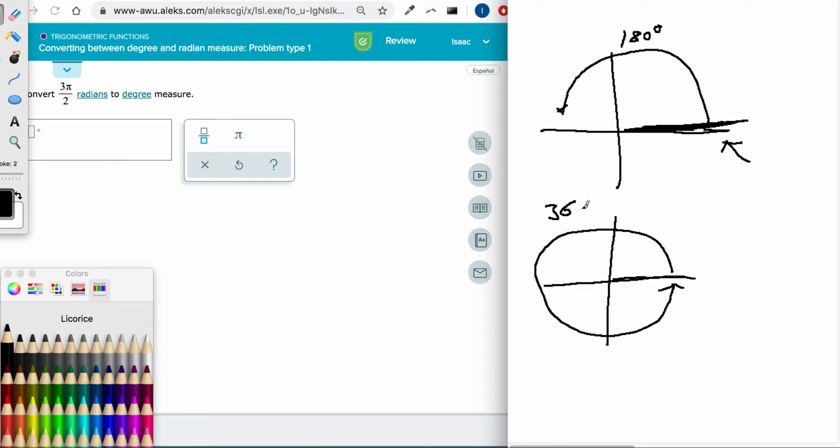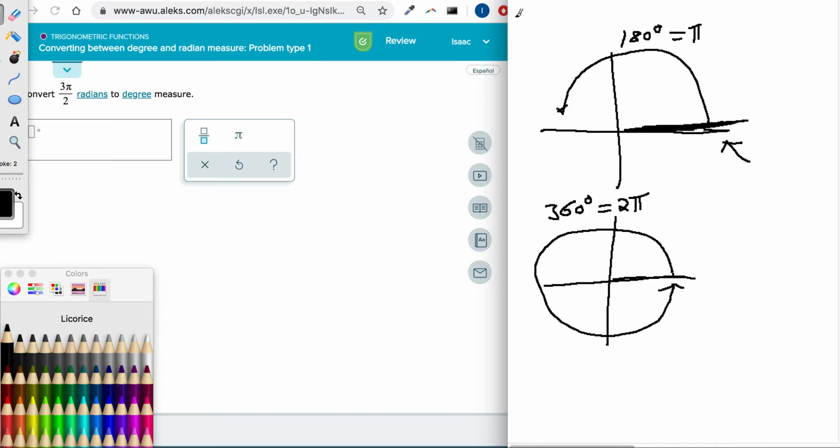full circle. Another way of writing that is in radians, and we call that 2 pi. Because radian measurement is how far along you are on the circle that has a radius of 1. And by how far along, I mean the circumference of the circle with radius 1. So this one up here, in radians, is pi, because it's half of a circle.